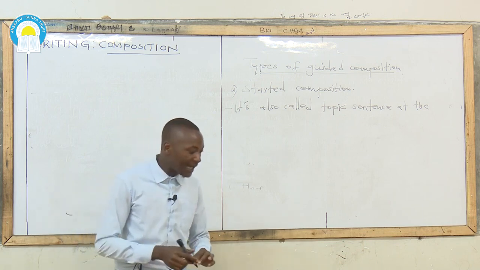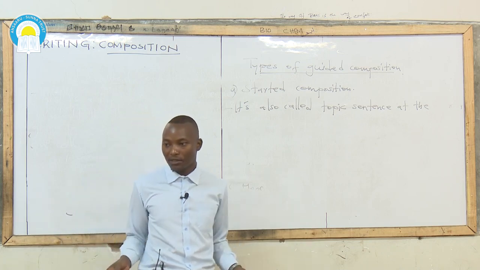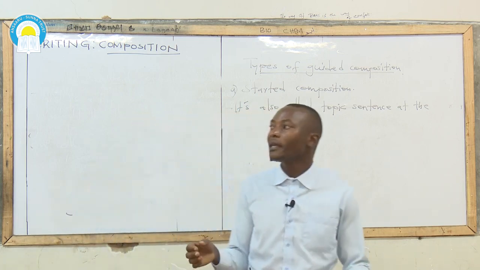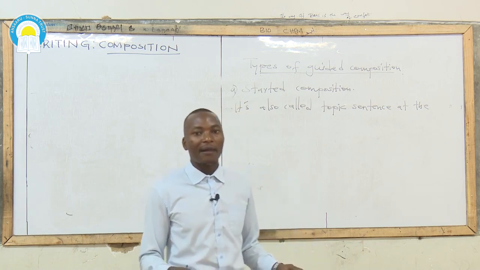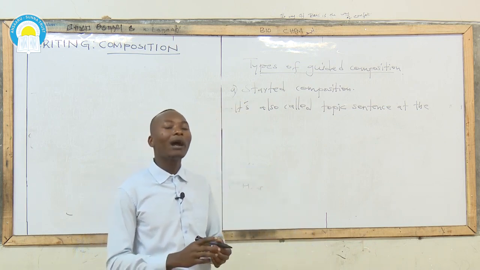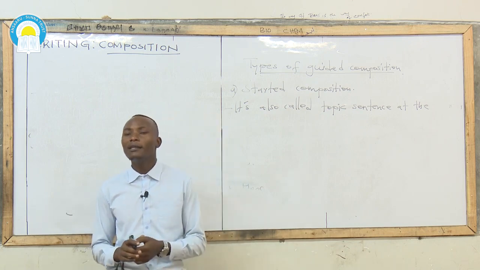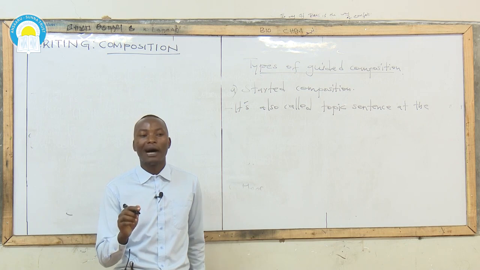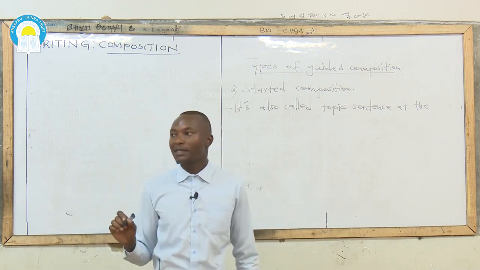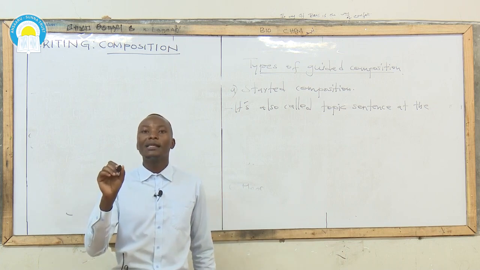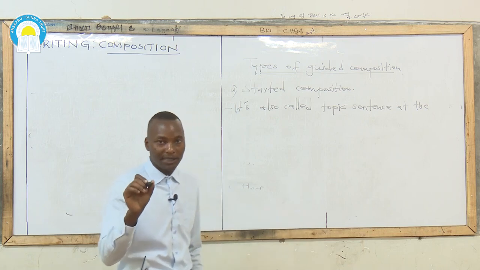For instance, the learner can be told like this: below is the beginning of a composition. Complete it, making it as interesting as possible. Example: I woke up early in the morning feeling a little bit dizzy. I went to the bathroom. Then we have the 3 dots. Then the learner is told, complete the composition, making it as interesting as possible.